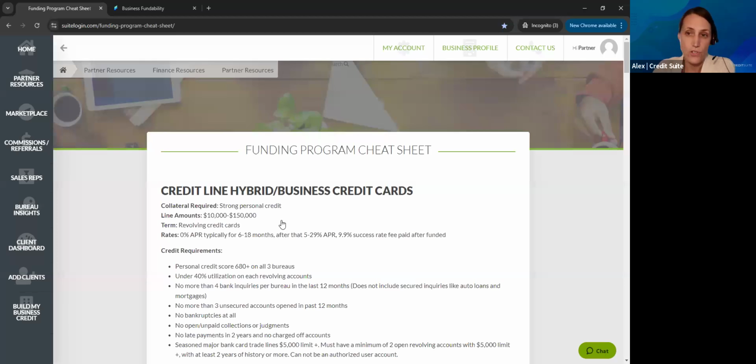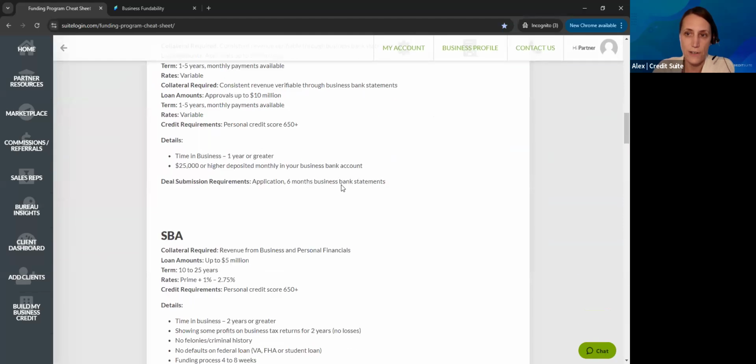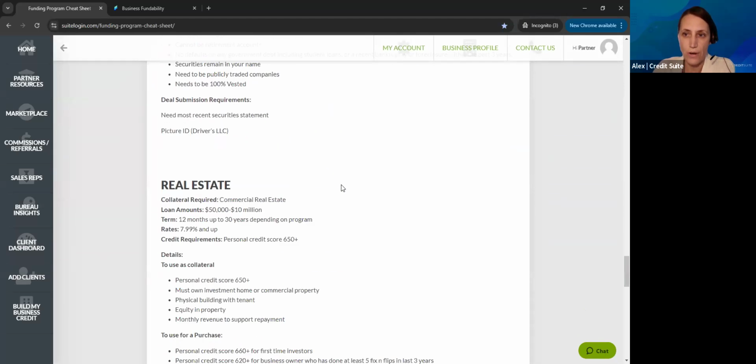If you have a client that you put in for the Business Credit Builder program, you put them in Suite Login, or if you add them in the Fundability software, they do have access to go over the direct lending options, which would be what we call the 3 C's: collateral, cash flow, and credit, which would be anything listed here in the funding program cheat sheet.